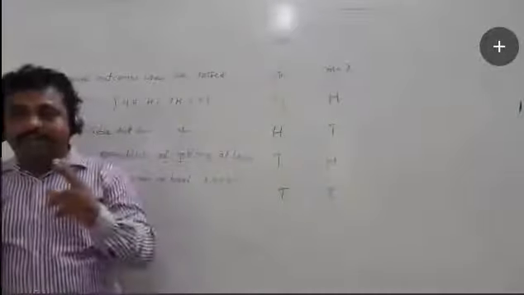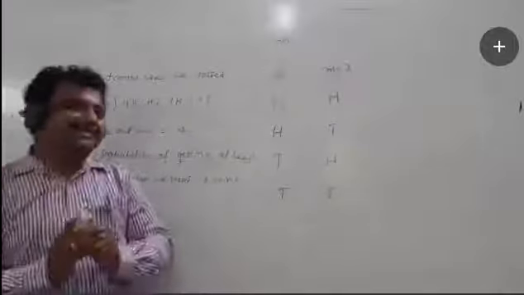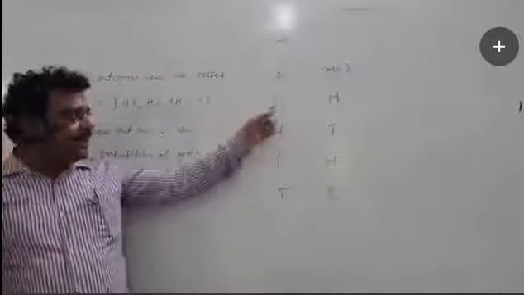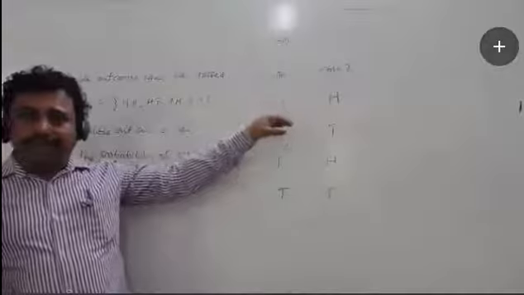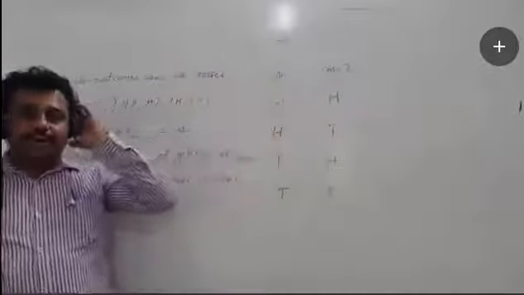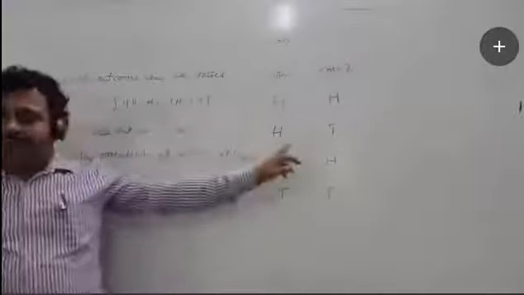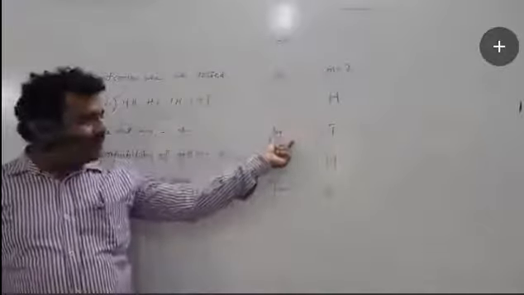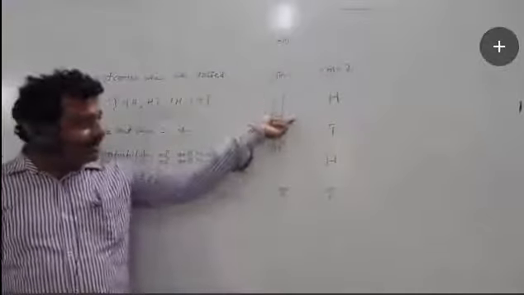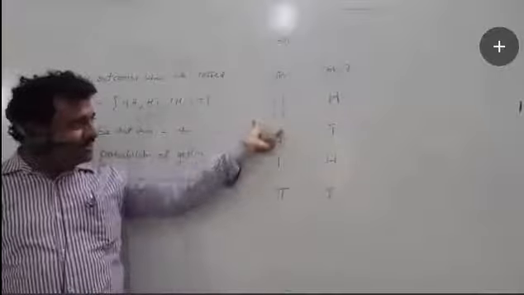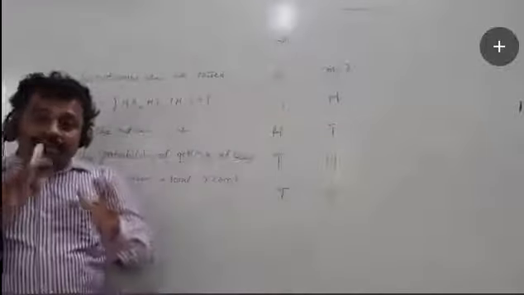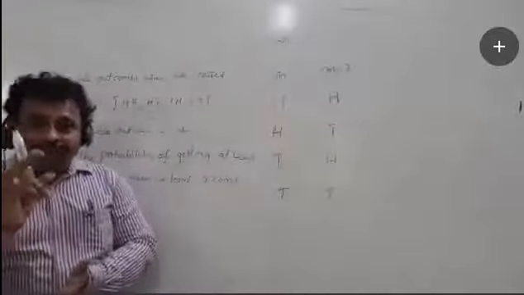Okay, at least one head. The meaning of at least one head is either one head or more than one head. More than one head means either one or two. So two heads, one head, one head. These three outcomes are favorable outcomes of getting at least one head.